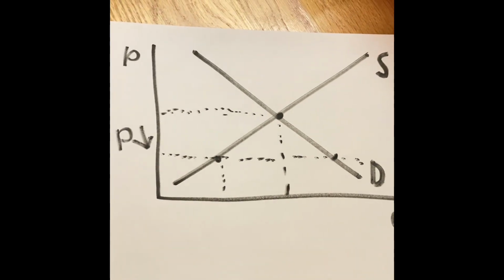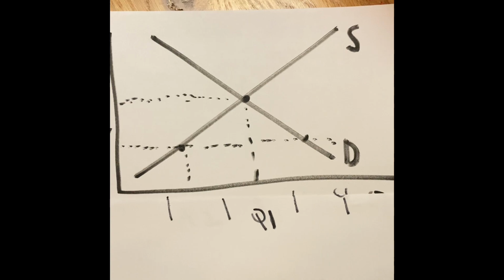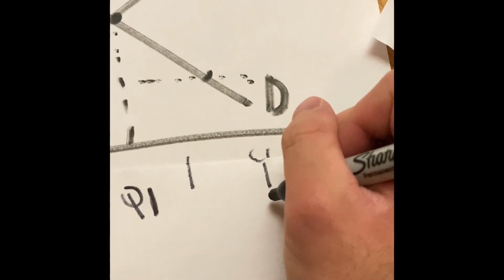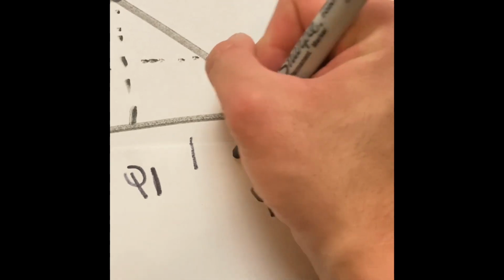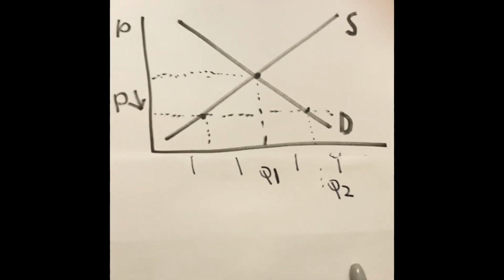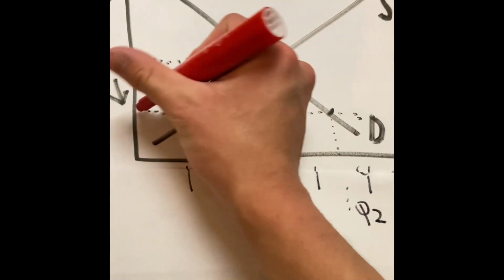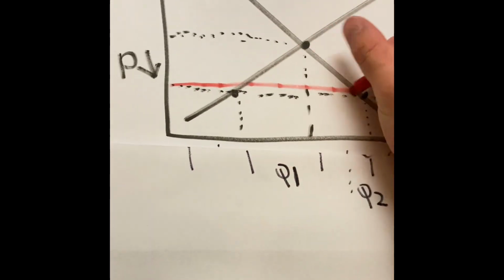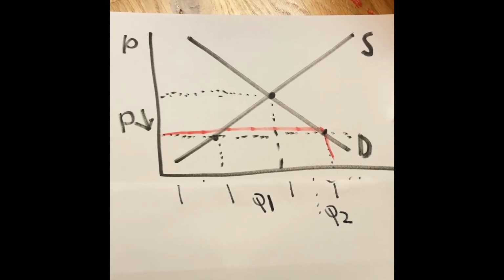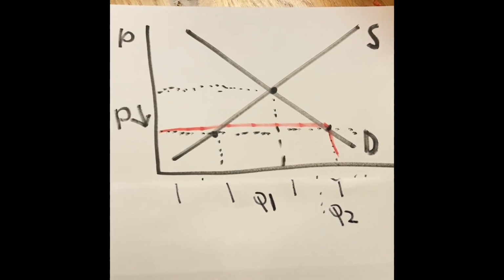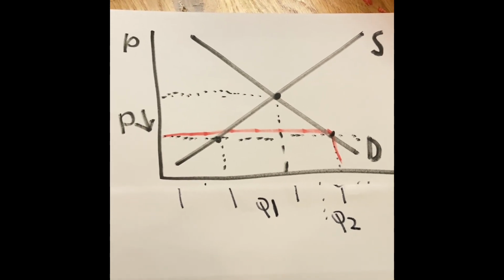Now we're going to have more quantity demanded, so we put Q2 right here and make a dotted line. If I highlight what the change was in red, that says there's a high quantity demanded, but the price is very, very low. And that talks a lot about the law of demand.